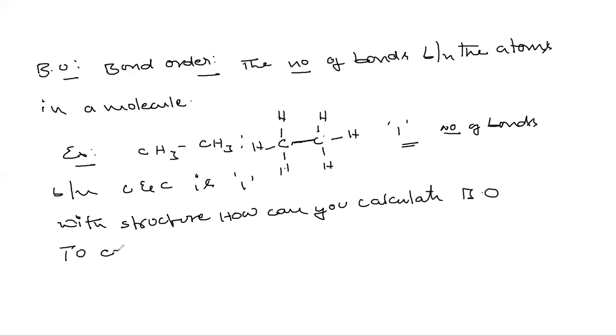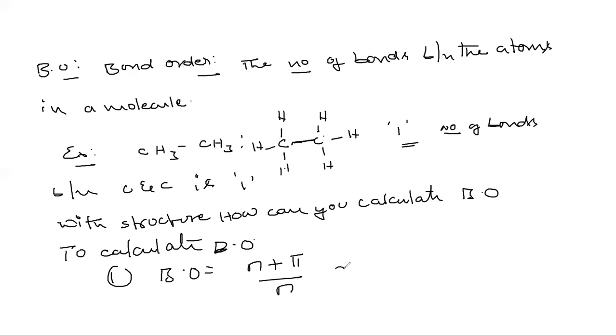To calculate bond order, we have different methods. The first one: the bond order is equal to the number of sigma bonds plus pi bonds divided by sigma bonds, or 1 plus pi by sigma.